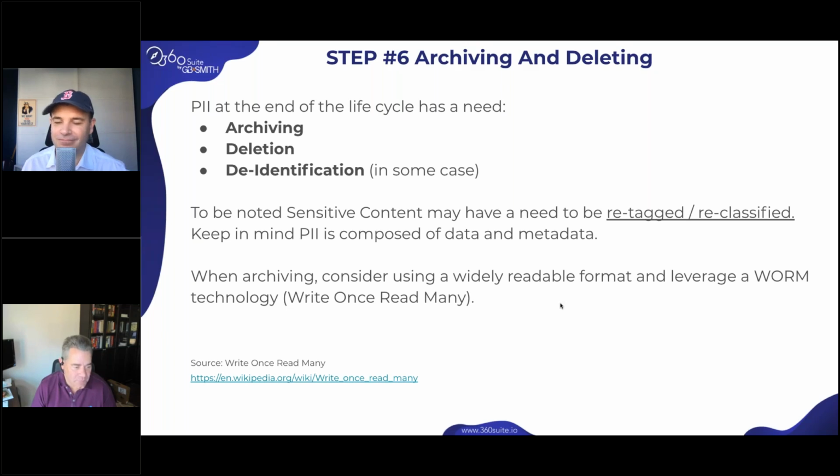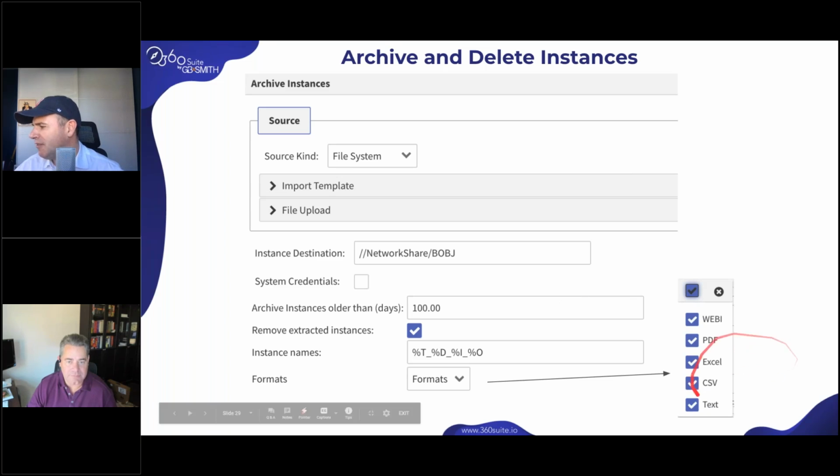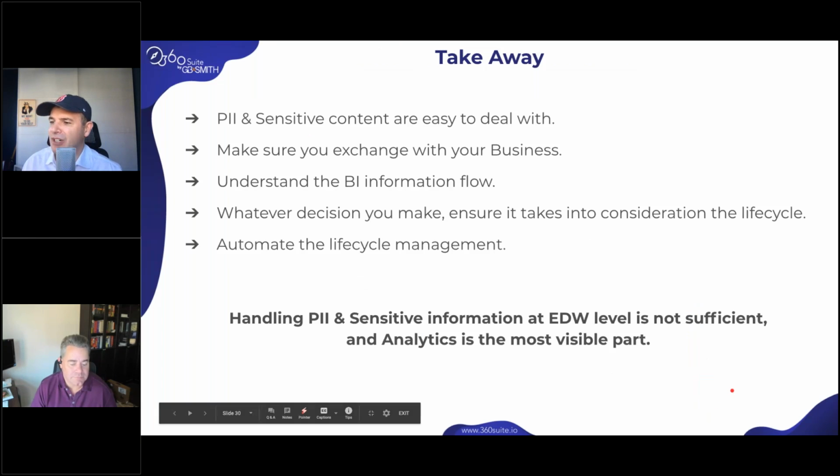So another security mechanism for archiving. And that's just a way in 360 to do some archiving of your instances or delete them, and with all the different formats, you're in general better off keeping them as PDF, Excel, CSV or text, because it's easy to read them after.